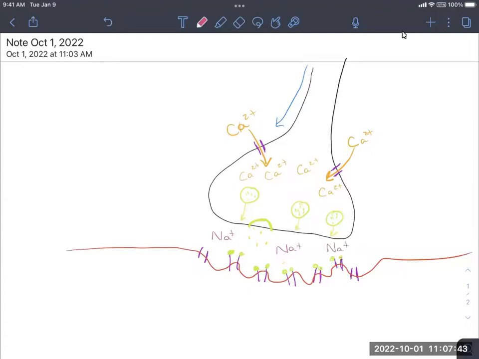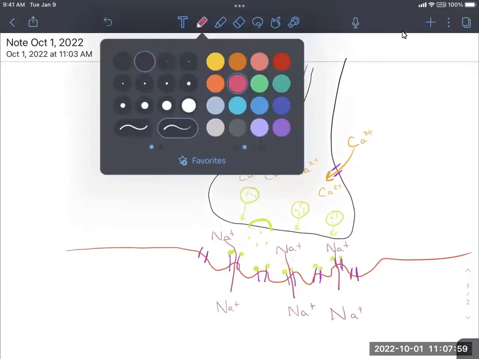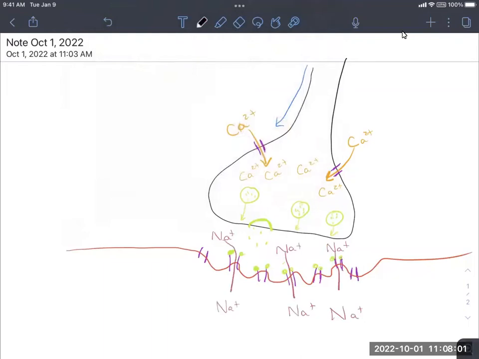This sodium is going to go into this muscle cell. If we remember, I mentioned the charge of my cell is around negative 70 millivolts.